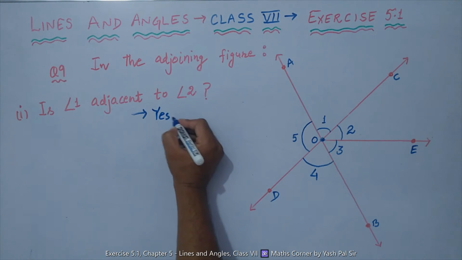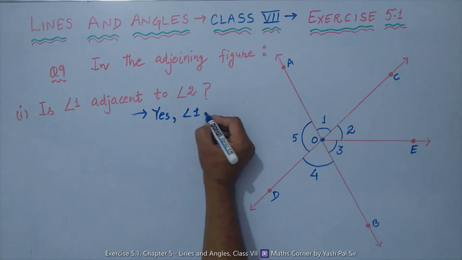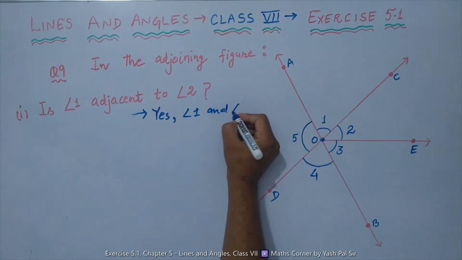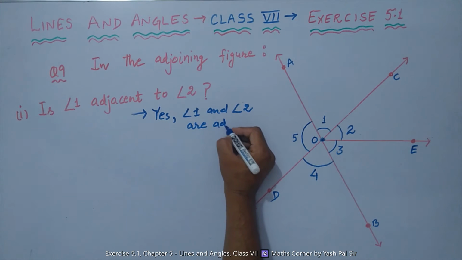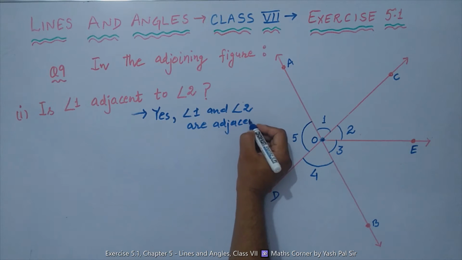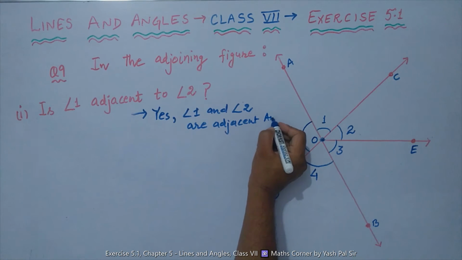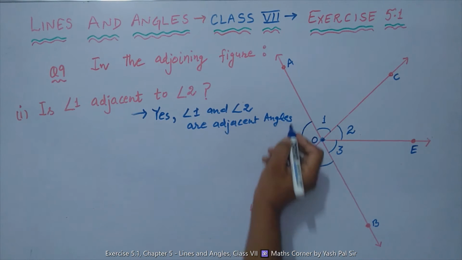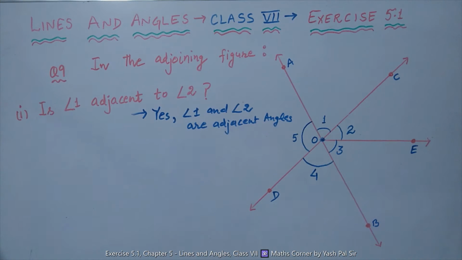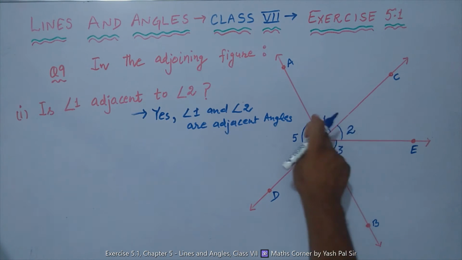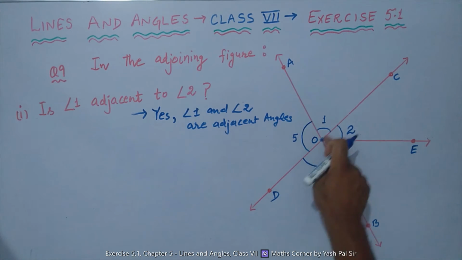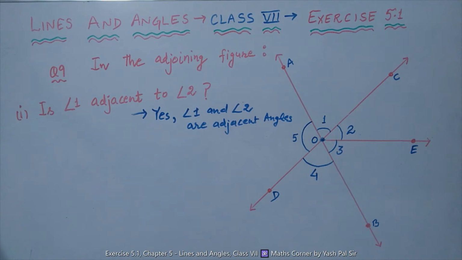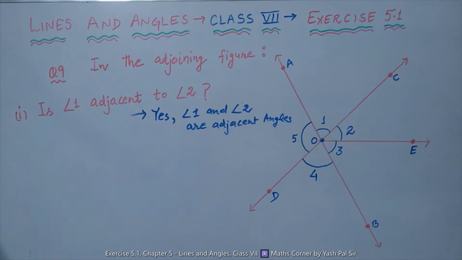Yes, angle 1 and angle 2 are adjacent angles. Right? It means they should have the same initial point and one common ray. Then these two angles are called adjacent angles.